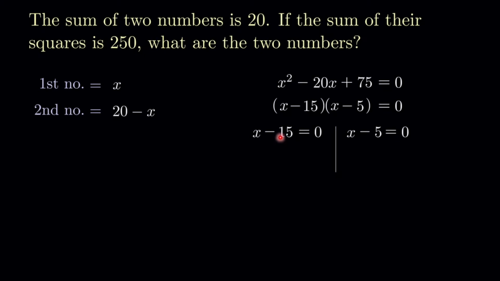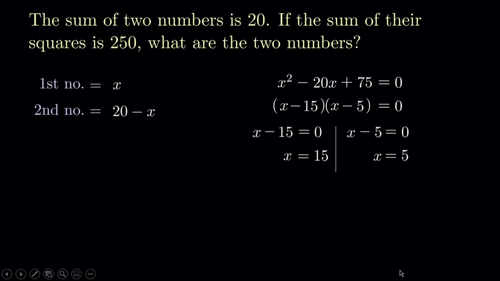So, we move negative 15 to the right side, leaving x on the left side. And negative 15 becomes positive 15. The same on the other side. So, leaving x, we move negative 5 to the right side. So it becomes positive 5. Okay?